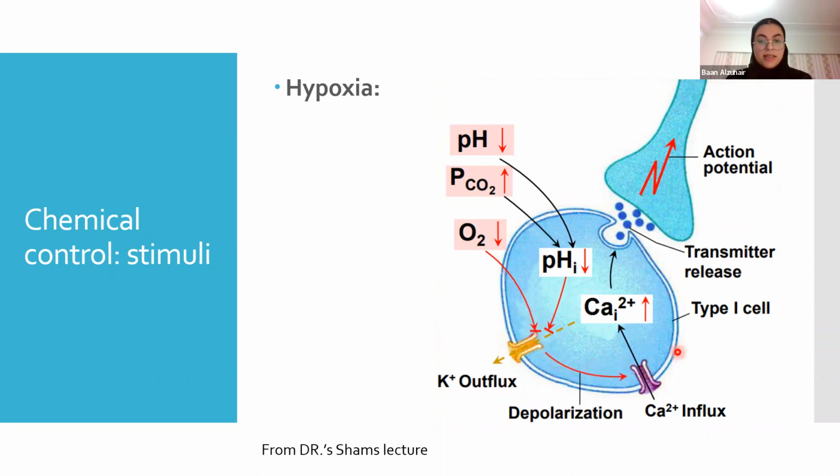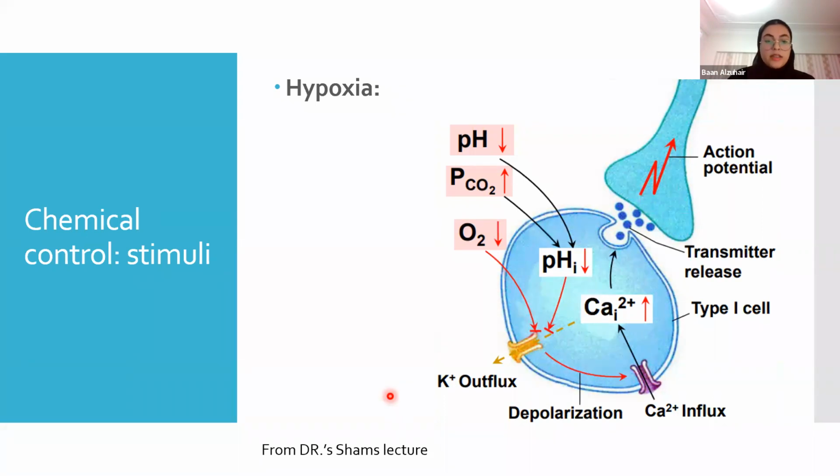So the hypothesis says we have potassium channels on this cell, and these potassium channels are sensitive to oxygen changes in the blood. So 2 things can block these channels: low oxygen, or hypoxia, and low intracellular pH.